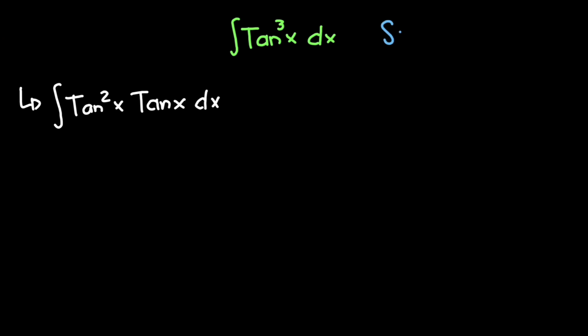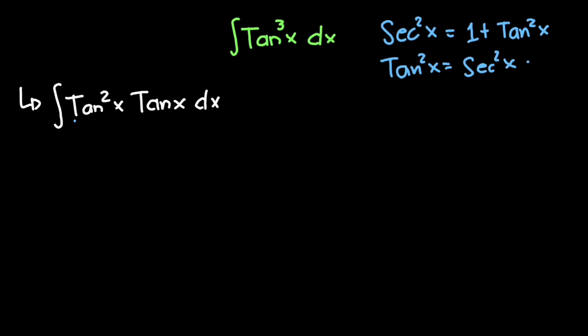So, secant squared of x would be equal to 1 plus tangent squared of x. So, if we want to take the value of tangent squared of x, transpose 1 to the other side. So, you are left with tangent squared of x would be equal to secant squared of x minus 1.